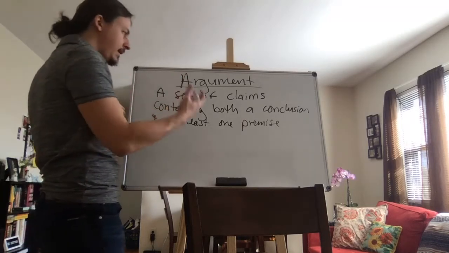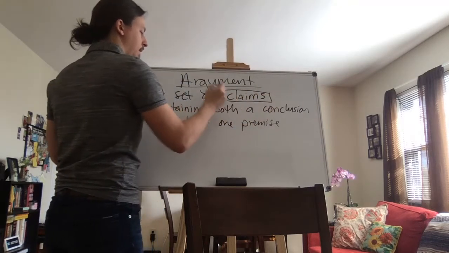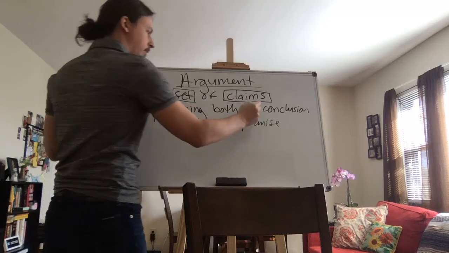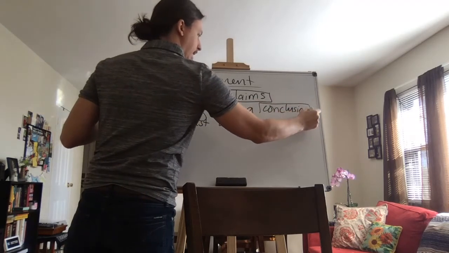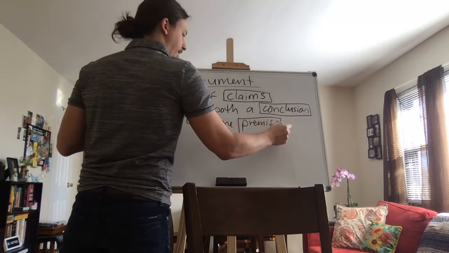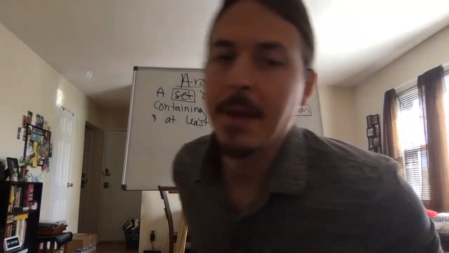So the key terms here are claims, set, conclusion, and premise. So you already know a little bit about these things.